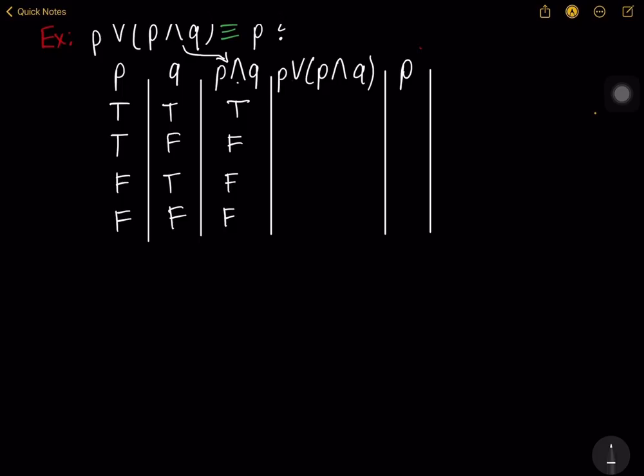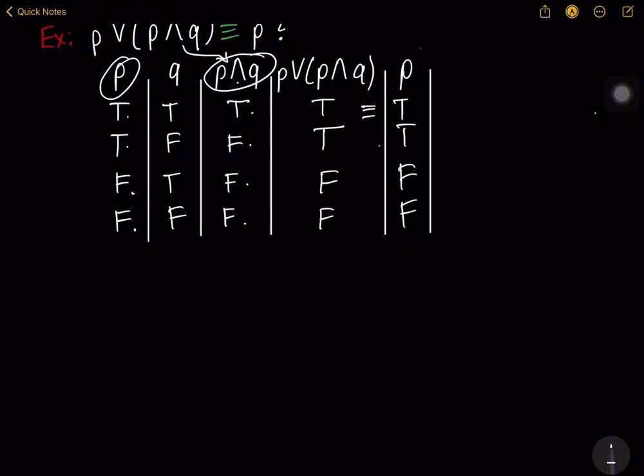Okay. So we have P or parenthesis P and Q. So now we look at this line and this line, right? Okay, so we have true or true is true. And then true or false is also true. False or false is false. False or false is also false. Okay, so rewrite our P again.